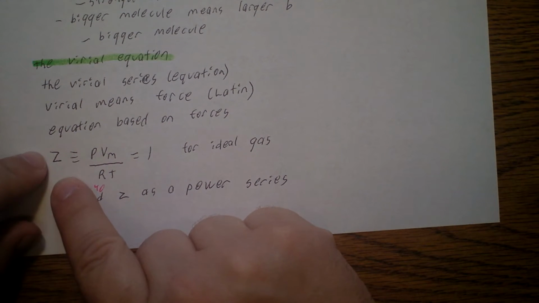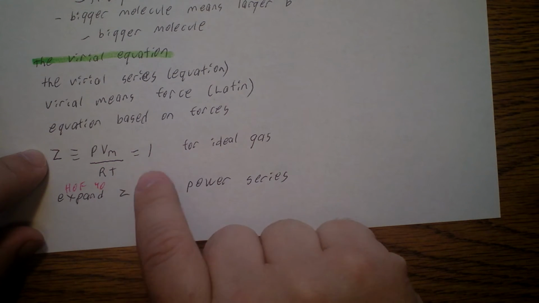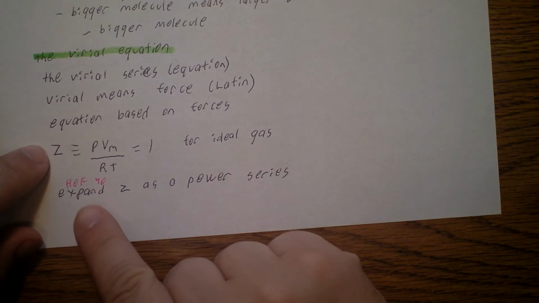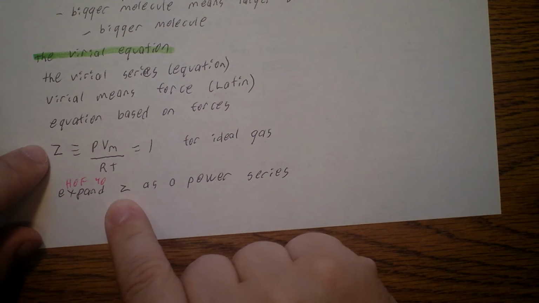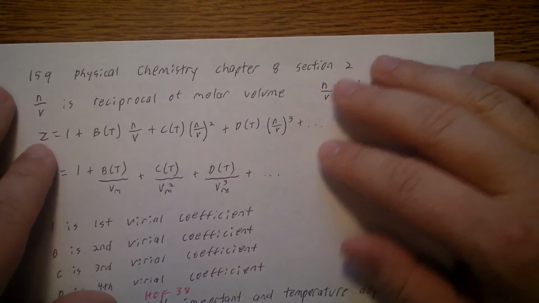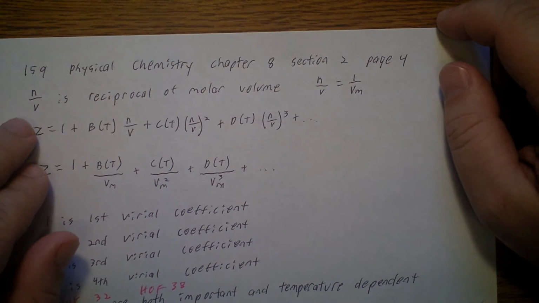Now remember, the compressibility Z is pressure times molar volume divided by RT, and that's equal to 1 for an ideal gas. See handout 40. Now we're going to expand Z as a power series. Remember, n over V is the reciprocal of molar volume.